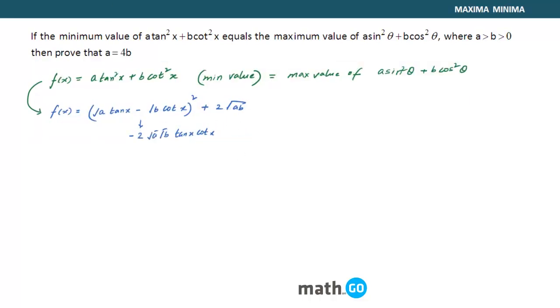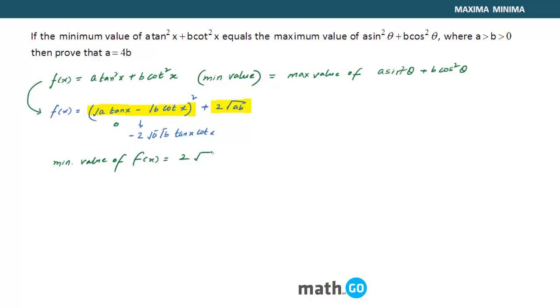Okay, so now this is your particular function, which is something square plus 2 root ab, and a and b are both positive. Can you tell me what will be the minimum value? What could be the minimum value of a square? Yes, this could be 0. So the minimum value of f(x) is nothing but, yes, 2 root ab.